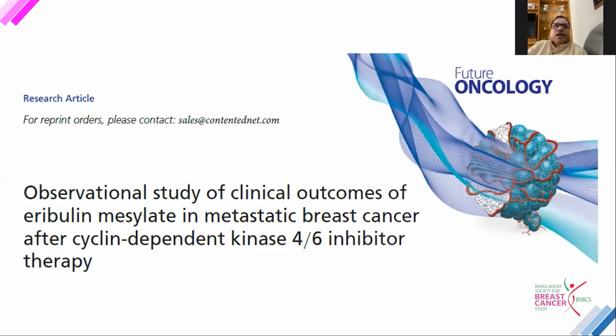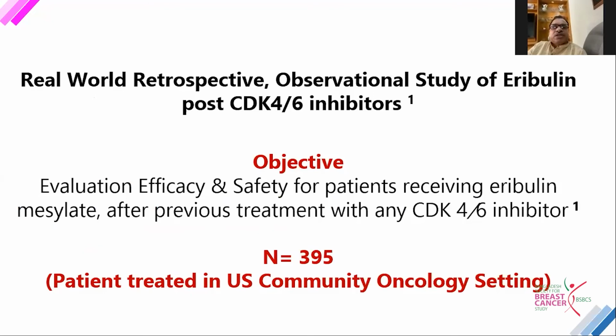There is another study, an observational study of the clinical outcome of Eribulin Mesylate in metastatic breast cancers after CDK4/6 inhibitor therapy. Its objective was evaluation of efficacy and safety for patients receiving Eribulin Mesylate after previous treatment with any CDK4/6 inhibitor. The number of patients was 395.